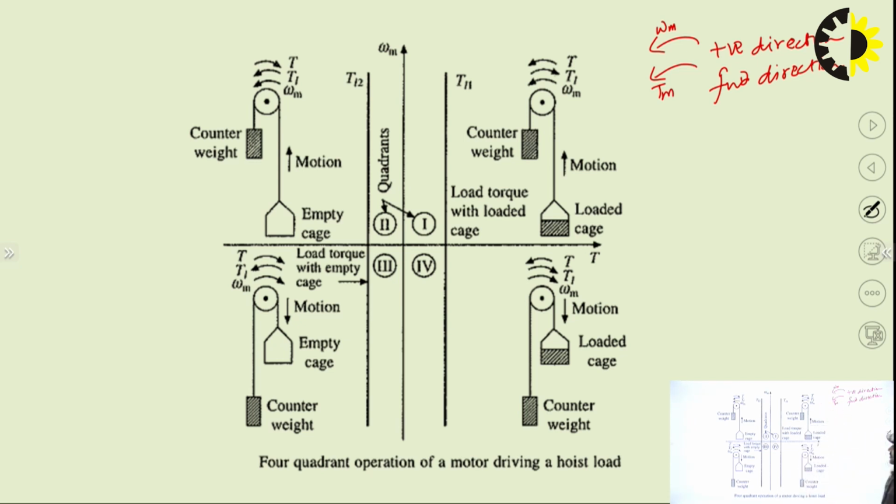Here you can see there is a counterweight. The counterweight is equal to the weight of the unloaded cage, or normally the counterweight is greater than the weight of the empty cage.